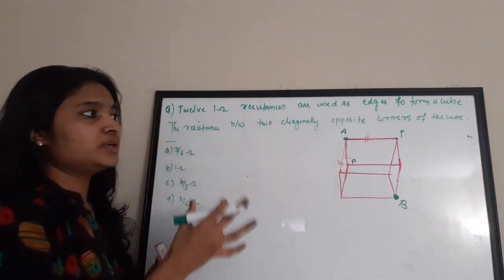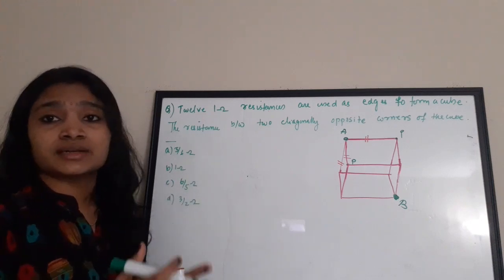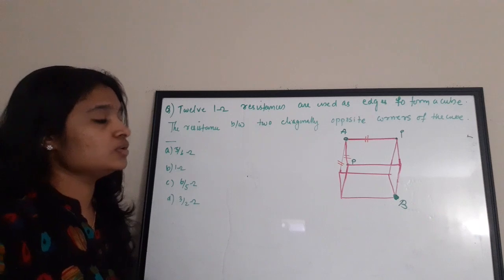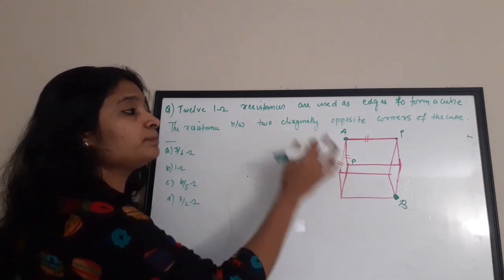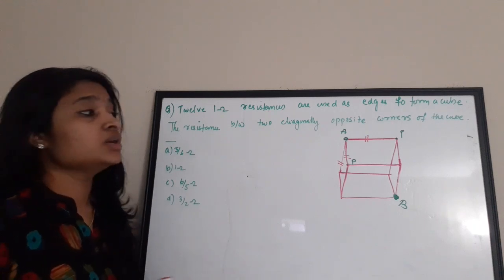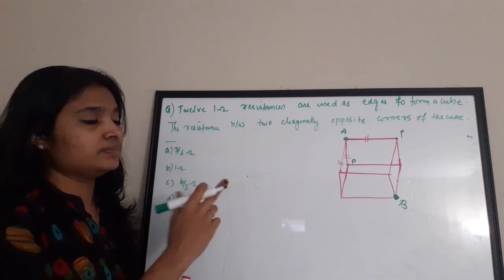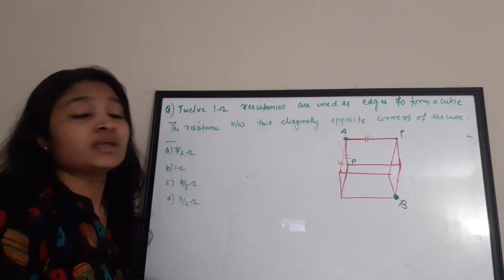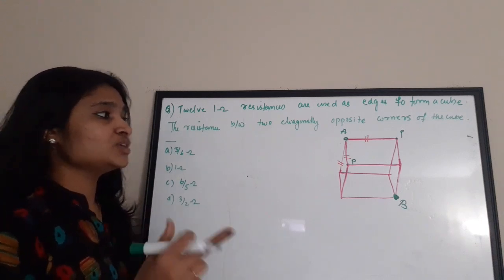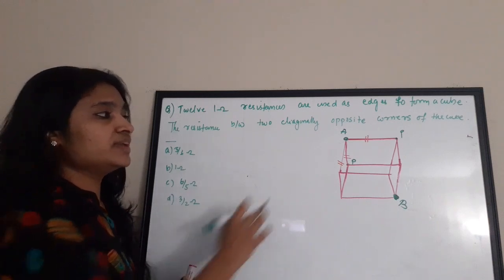Now due to the property of this cube, all the resistors connected to the edges have equal values. So this point P and this point P have equal voltage. So there is no current flow between these 2 P points, since the potential difference is zero.